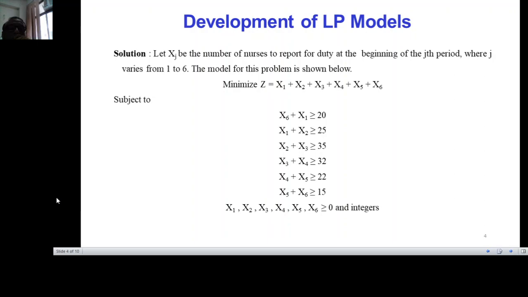at the 6th slot, from 8 pm to 12 midnight, they will continue to stay up to 4 am.